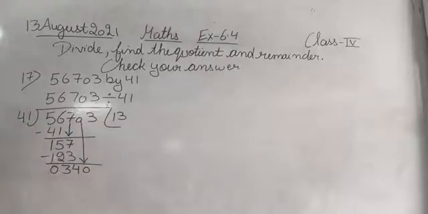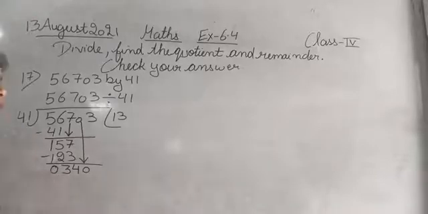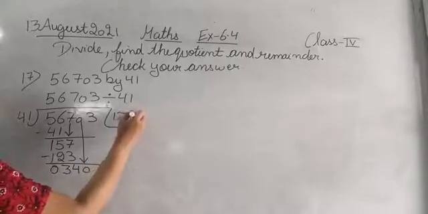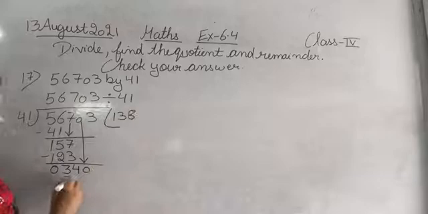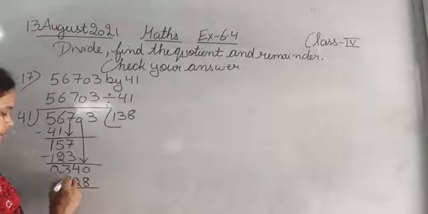So now we have to divide 340 by 41. Use the table of 41 where you can get 340 or less than 340. So look, 41 8s are 328.